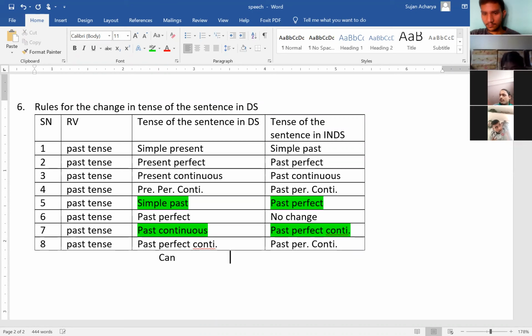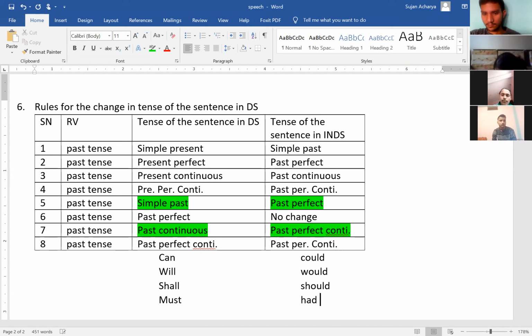Can changes into could. Will changes into would. Shall changes into should. Must changes into had to.